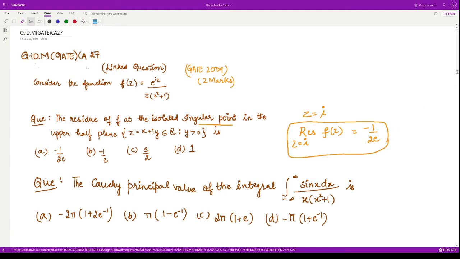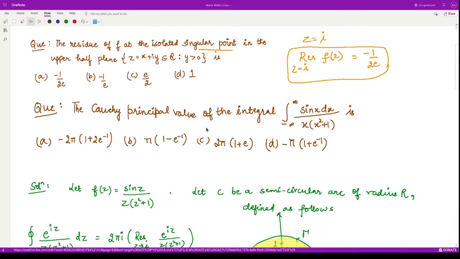So now in this video they are asking what is the Cauchy principal value of this integral. Notice that this integral is evaluated from minus infinity to infinity of x, so we are talking about real x's only, and the integration is being performed on the x-axis.